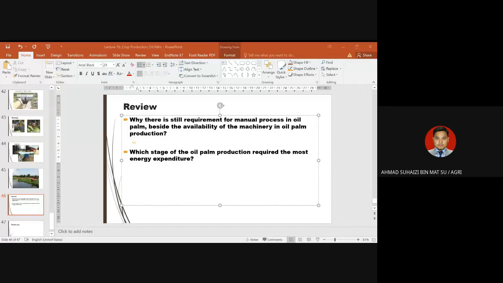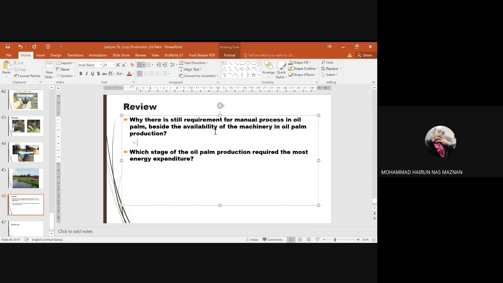Hafizin, want to try? Yes, why do we still need manual methods in oil palm plantations, when at the same time we have machines? People, I mean the planters, still practice manual work. So sometimes, I don't know, the machinery is already there. So what factors contribute to that? What causes the choice of manual methods over machinery assistance?